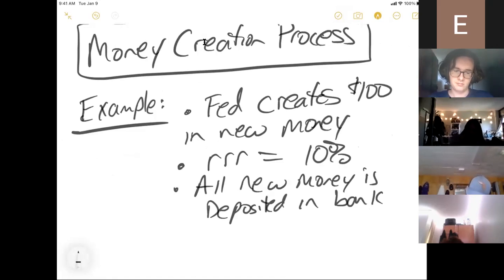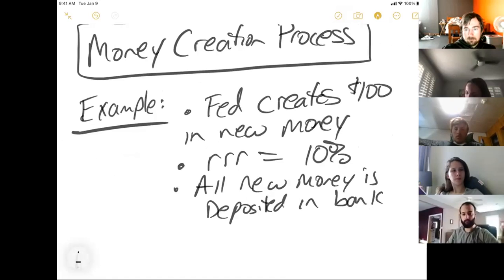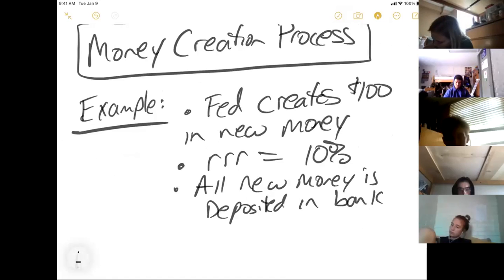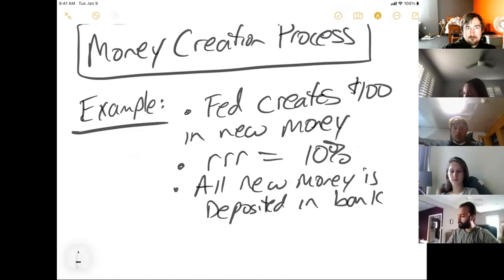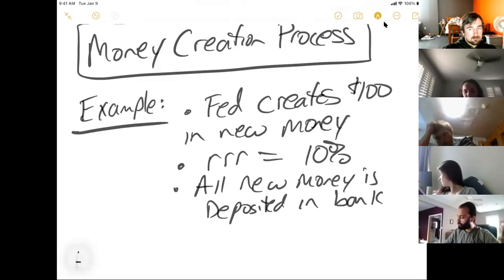Right? All the new money is deposited in a bank. So, that $100 bill is sitting right there.